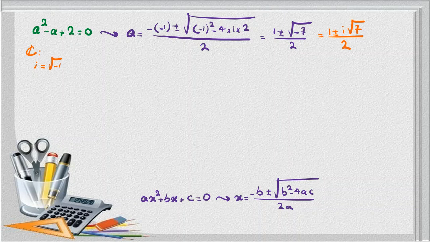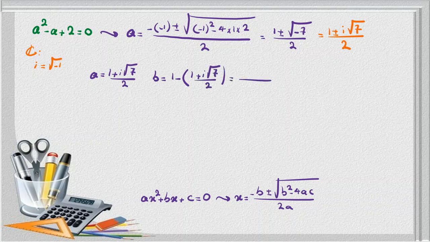So we found two other answers for A, and we can easily find B, which is 1 minus A. Because here we said B is 1 minus A, so let's calculate. If A equals (1 plus i root 7) over 2, then B equals 1 minus (1 plus i root 7) over 2.